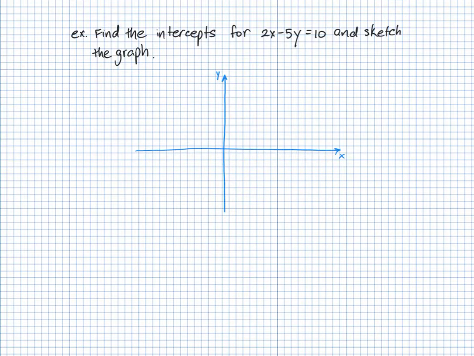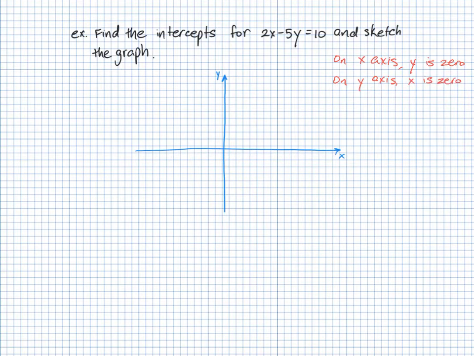So what is that point? Let's write that down to make sure we remember. On the x-axis, y is always 0, always. And on the y-axis, x is 0, and that's always true as well.